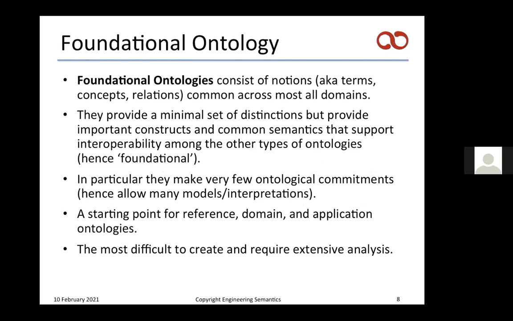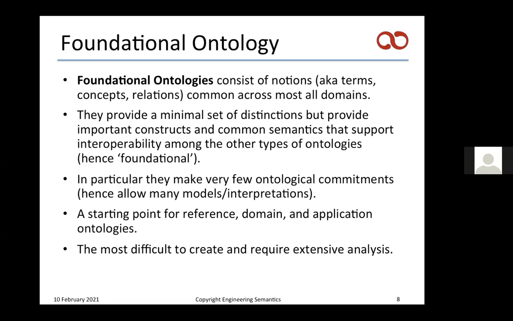That is, any place where you might want to consider what exists or does not exist and the relationships among those things, the foundational ontology is supposed to be applicable. And they provide just a minimal set of distinctions among entities, but the constructs that they provide and the common semantics are really important to allow the interoperability of more detailed or more constraining ontologies.